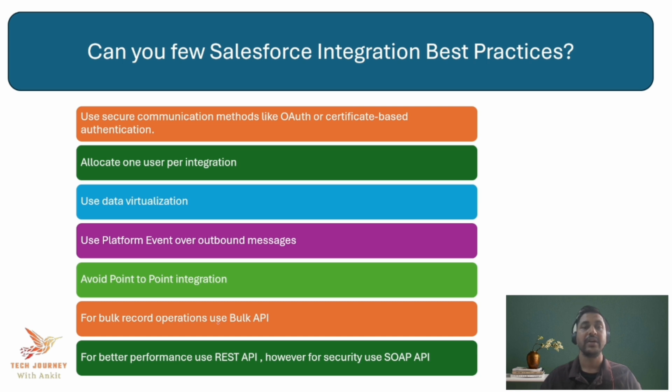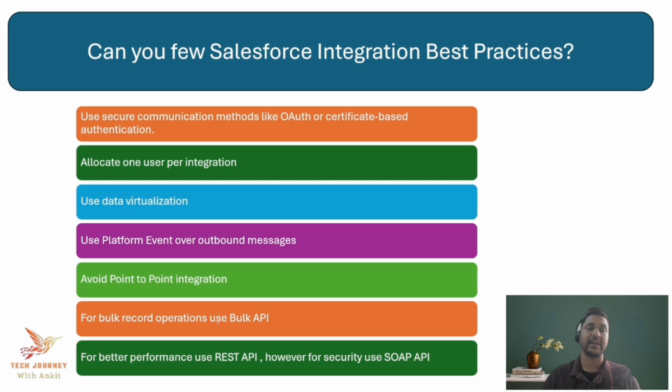The reason being, you are only exposing the limited access required by that integration module, right? You are not exposing the complete system access here. And for that, we already discussed in the past, Salesforce has provided integration users which only have API access.